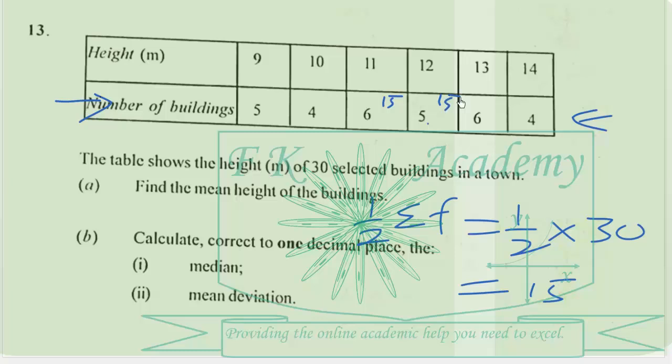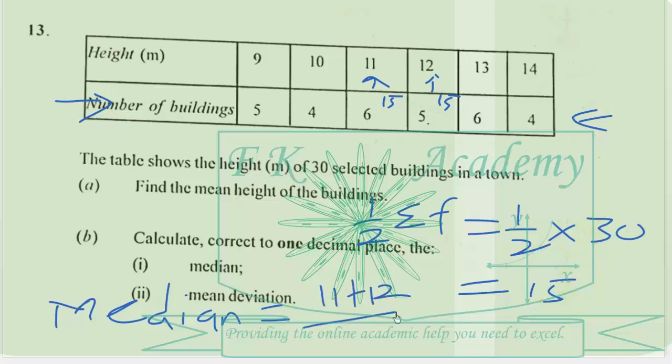So they are telling us the 15th item is both 11 and 12. So find the mean of 11 and 12. That will give us the median. So median will be equal to 11 plus 12 over 2. And that will give us 23 over 2, which is 11.5 meters.